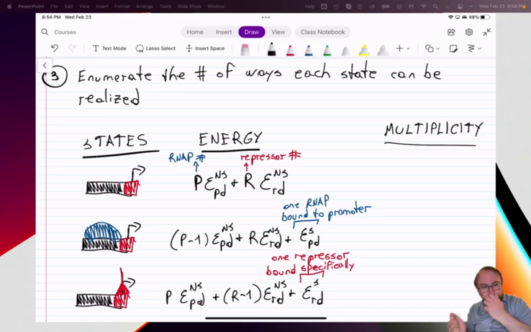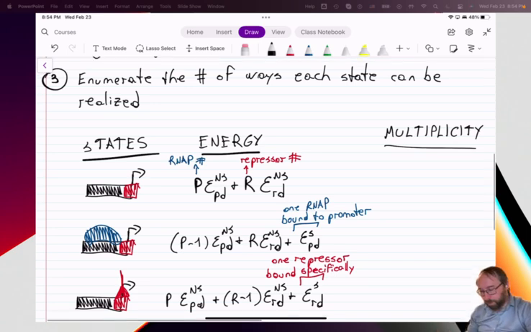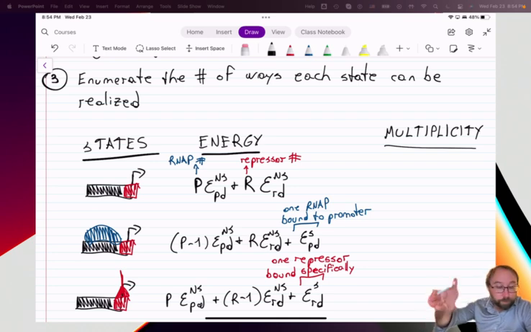So what I mean by that is that the multiplicity is going to be the same that we had for the constitutive promoter, but now accounting for the fact that I have both polymerase molecules and repressor molecules, meaning I'm going to have N_NS to the R plus P, right?